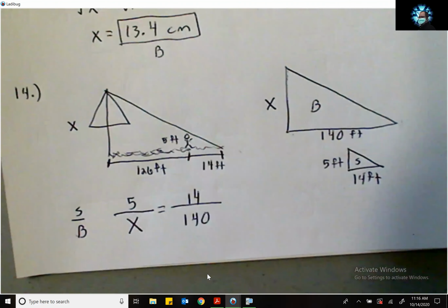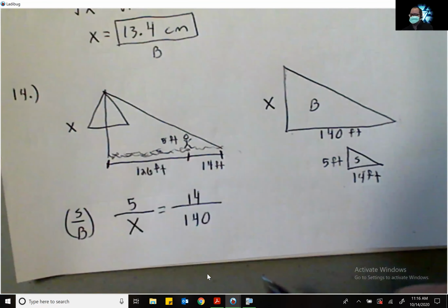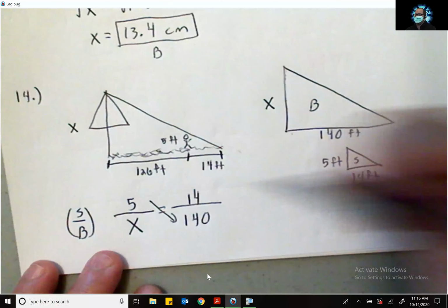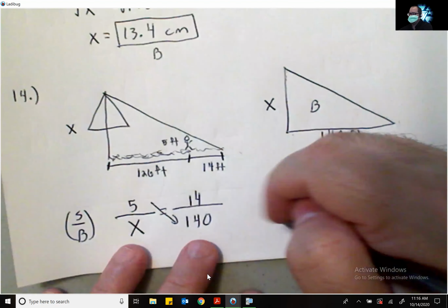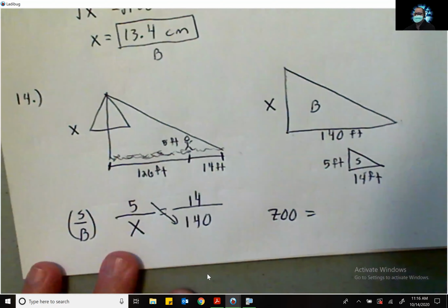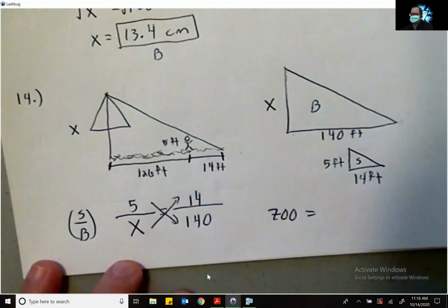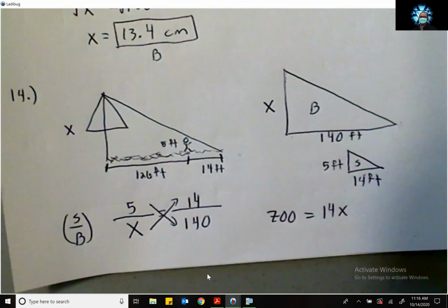All we got to do is solve this. How do we solve proportions? Do we cross multiply? You got it. So we're going to take 5 times 140, which is 700, equal to x times 14, which is 14x. How do I solve that? You divide by 14.